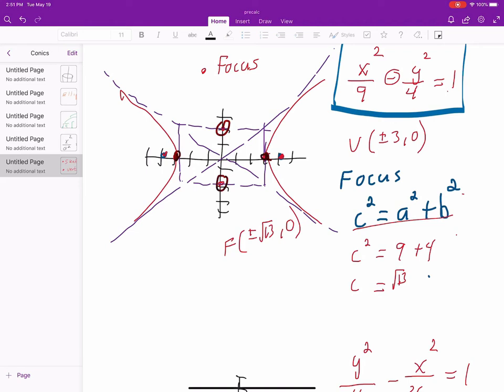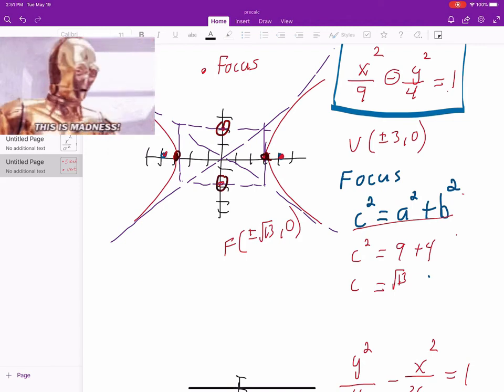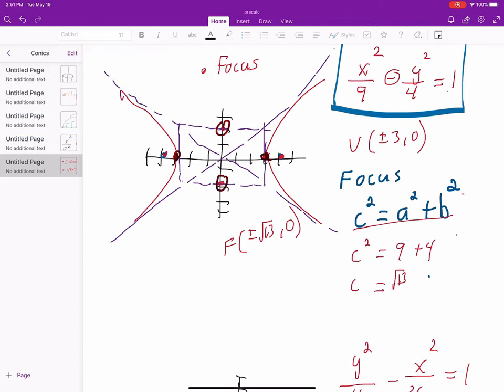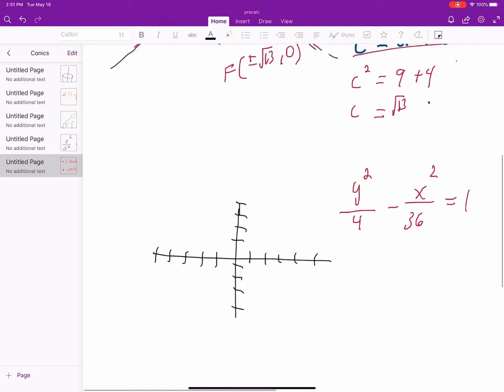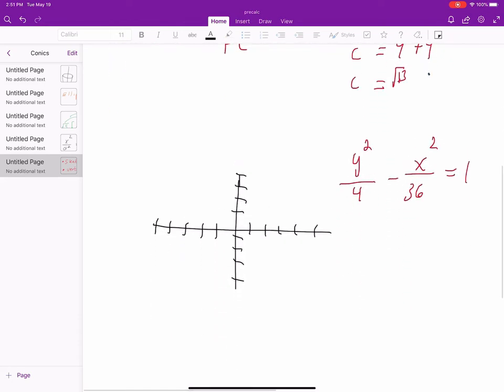And you can find those asymptotes by simply taking the ratio of B over A. That's how you're going to find the equations of those asymptotes. We'll deal with that a little bit more as we move on, but those are definitely asymptotes, and you can probably see that.